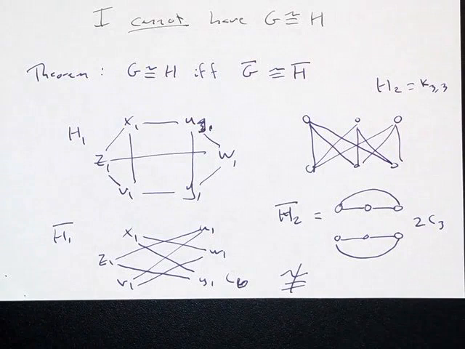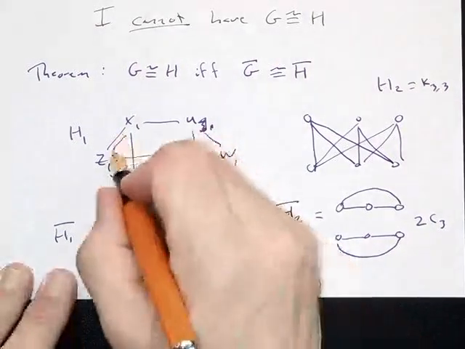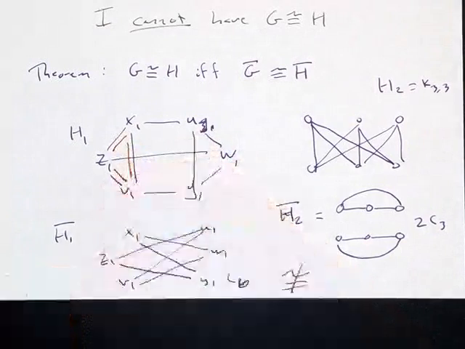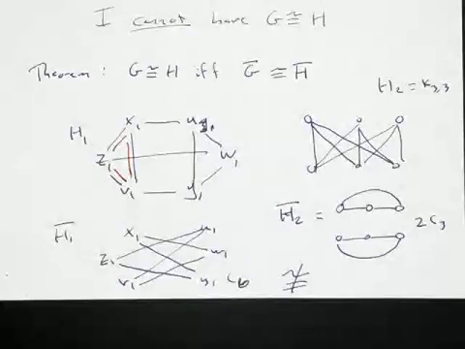I have to do it in an even number. The graph on the left contains a triangle. That's an odd cycle. The one on the right contains no odd cycles. They can't. Can't have a triangle.